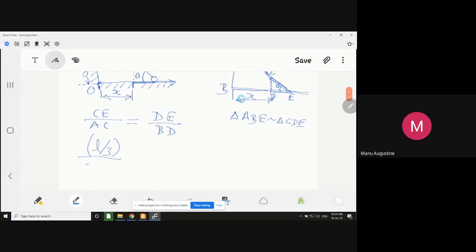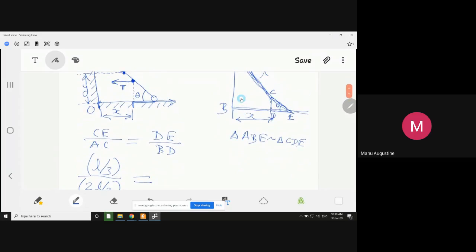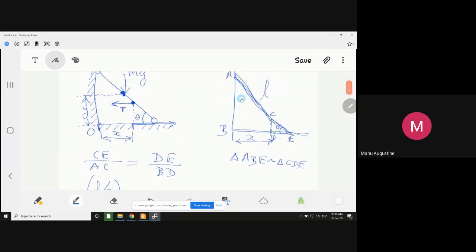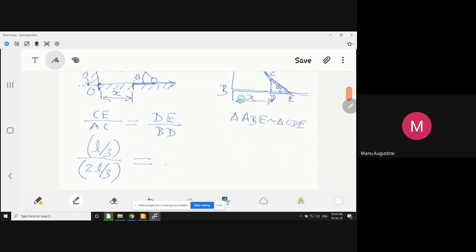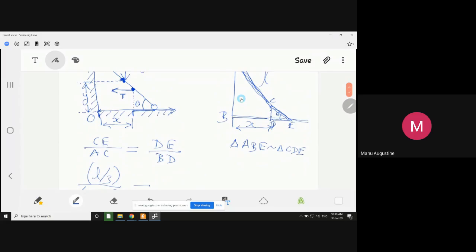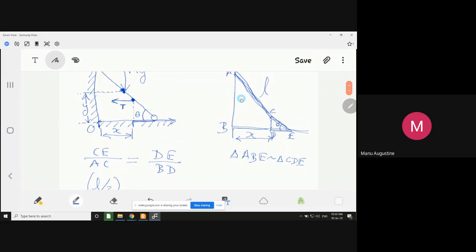This is 2L by 3. This is equal to DE upon BD. BD I know is X. BD is X. How do I get a value for DE? Okay, we can obtain that very easily.